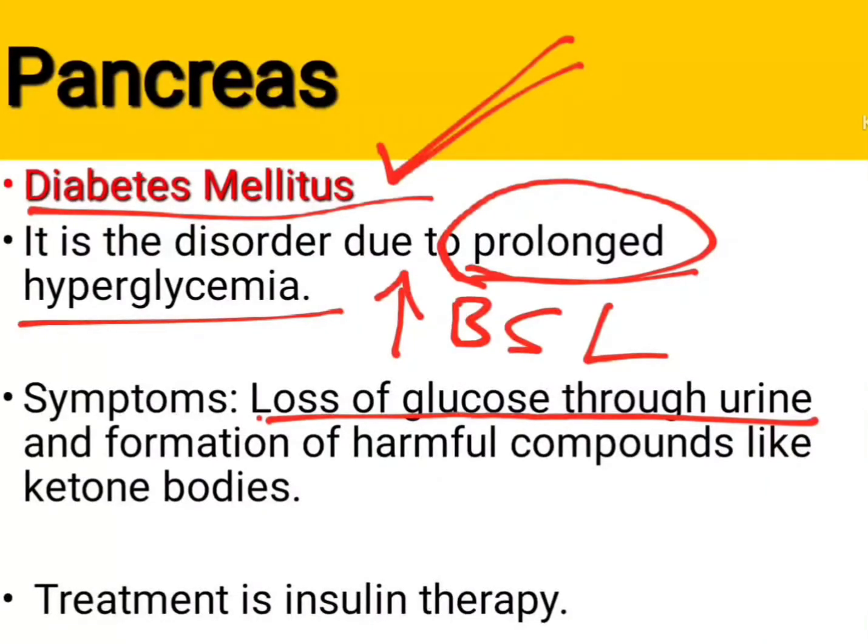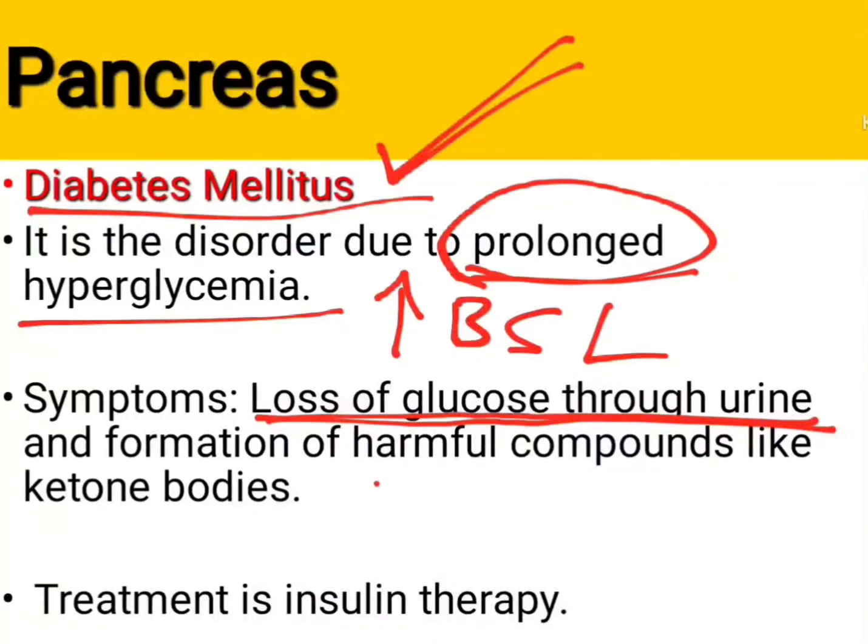So that is why there is loss of glucose through urine. As you may know, if you want to check whether a patient is suffering from diabetes, a urine test is done for the diabetic test.